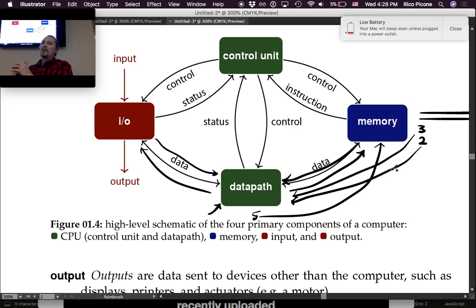And what the data path consists of, a lot of it, is just a bunch of those little building blocks. A portion of its circuitry will be able to do a sum.